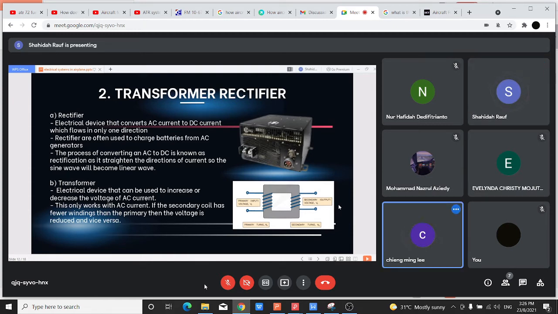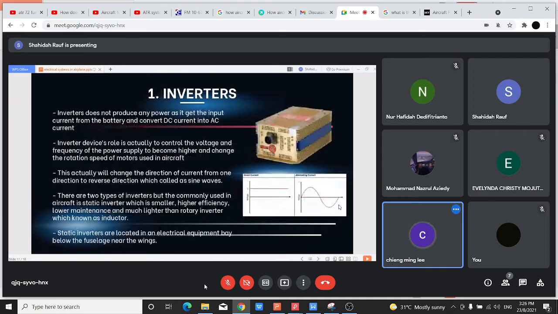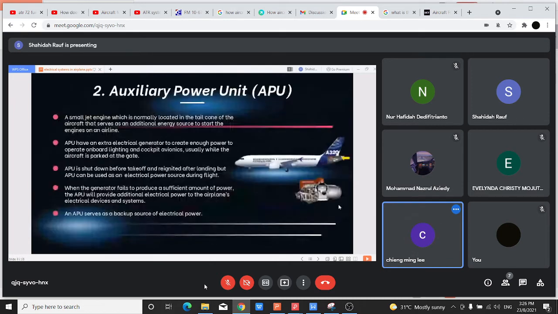Anything else? There's one point on the APU: the APU can also start in the air. Normally they will leave the APU on after engine start until they take off, and until they reach a certain flight level, they will switch off the APU.